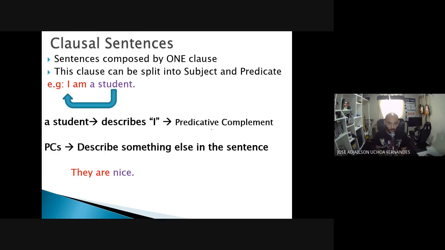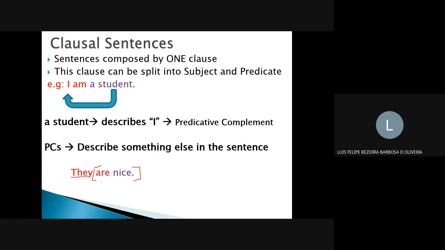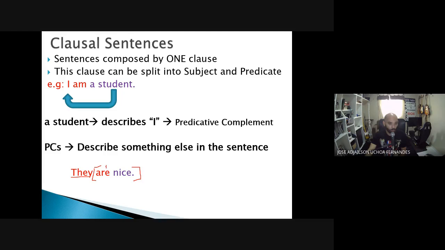Let's analyze it. Where's the subject? Subject is they. So by exclusion, are nice is the predicate. Now, where is the predicator for are nice? Are is the predicator. Yeah, the predicator is always the verb.